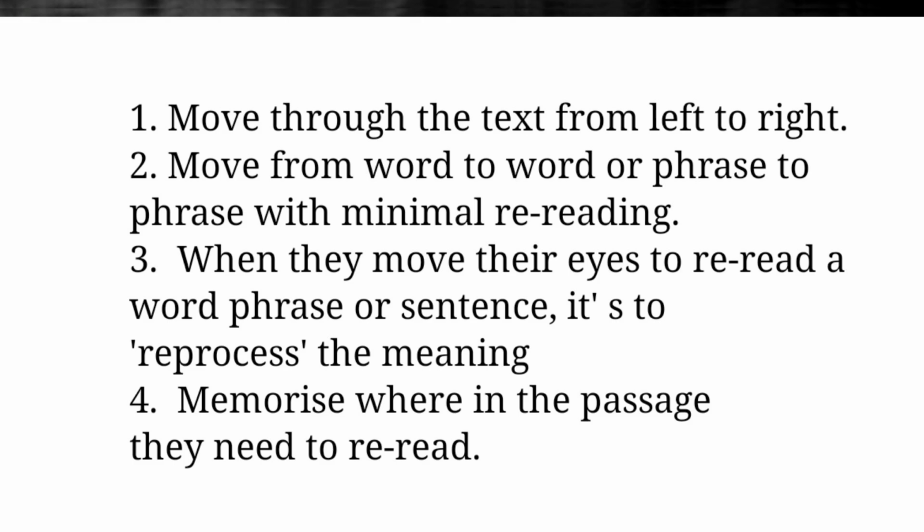They will have only minimal rereading, and if they reread, it will sometimes be for processing the meaning or getting the idea. Also, they will memorize what is in each paragraph and where in the passage they have to reread. Everything they will keep in their mind, because they know every step is important.